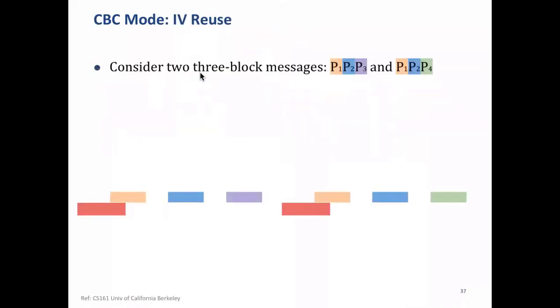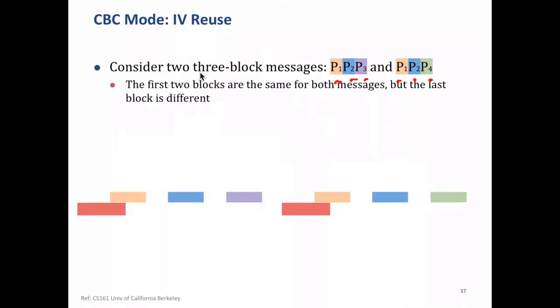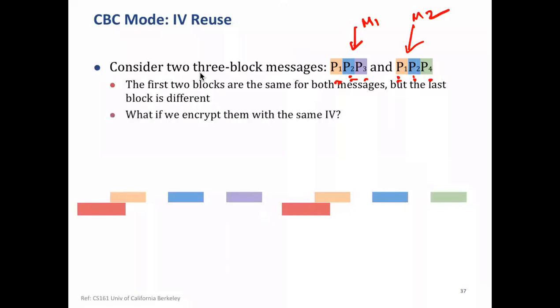So let's assume that there are two messages, M1 and M2, each with three blocks: P1, P2, P3, and P1, P2, P4. Note that P1 is the same in both messages, the second block is also the same, and the third block is different.